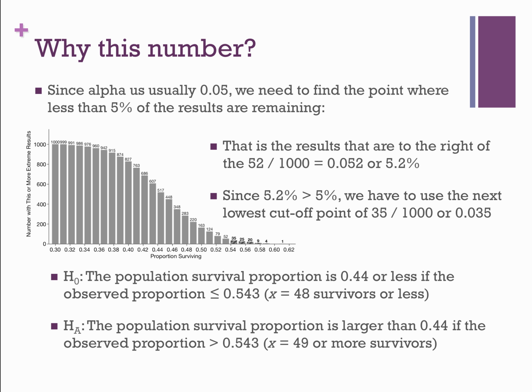And then the population proportion is larger than 0.44 if the observed proportion is greater than 0.543, or 49 or more survivors. So we are looking for evidence that falls to the right side of that 52 bar. So anywhere from 35 or over, and that's a proportion of 0.543 or higher, will give us evidence for the alternative.